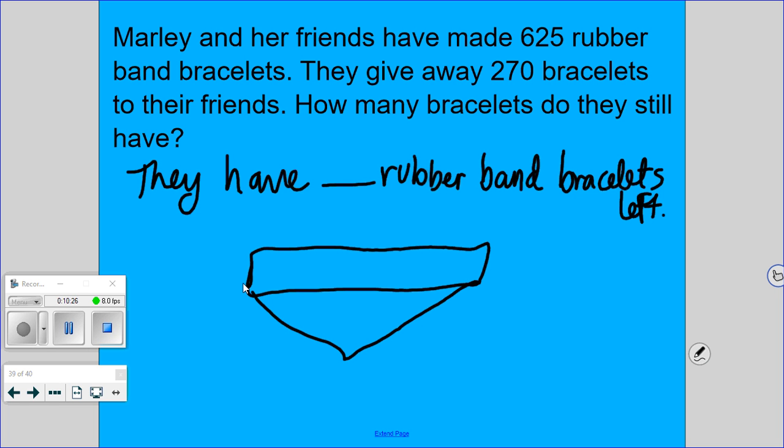Read it in your brain. Do you know the total amount of rubber band bracelets? No, total that they had. Total. Oh. Kylie? Yes, I do. They made 625 bracelets. That's how much they started with. That was their total. 625 is your whole.